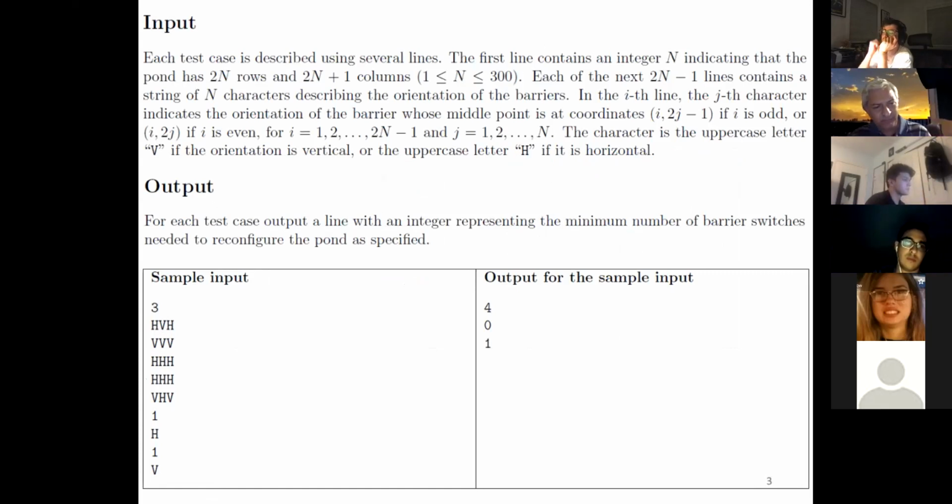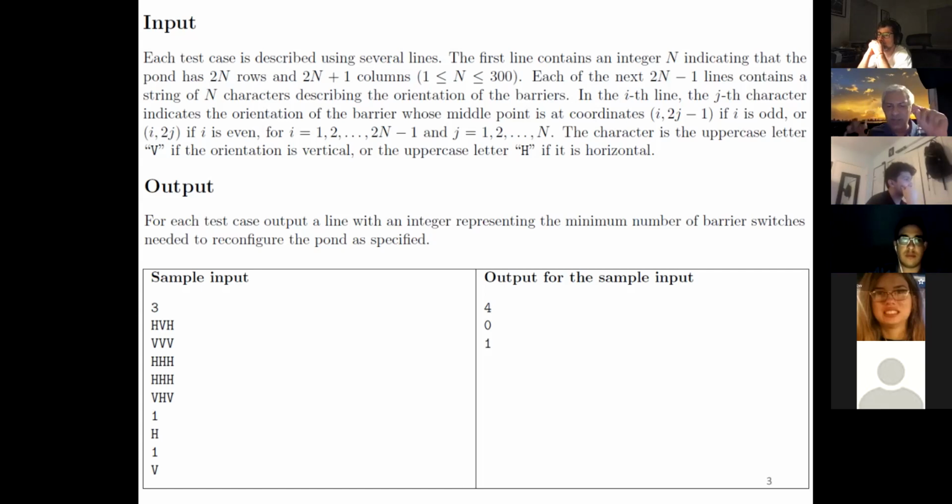So what we do is, since n is equal to 3, and we know that there are 2n rows and 2n plus 1 columns, we know exactly where our barriers are going to be. So our barriers are going to be either at (i, 2j minus 1) or (i, 2j), depending on whether i is even or odd. That's what it tells you over there.